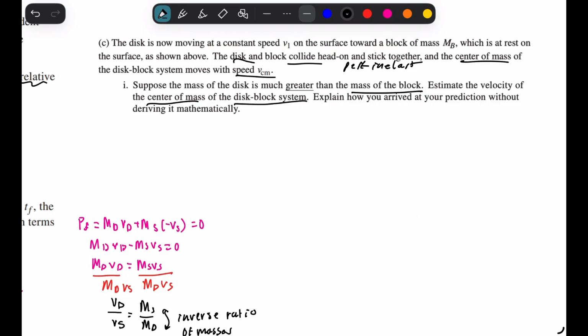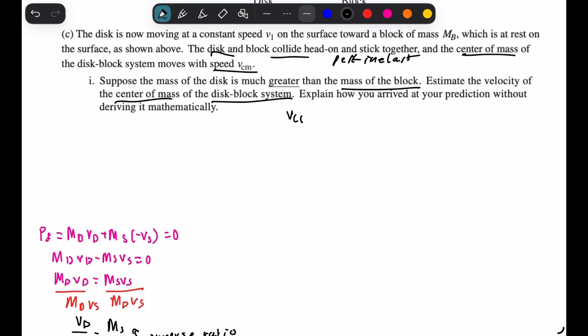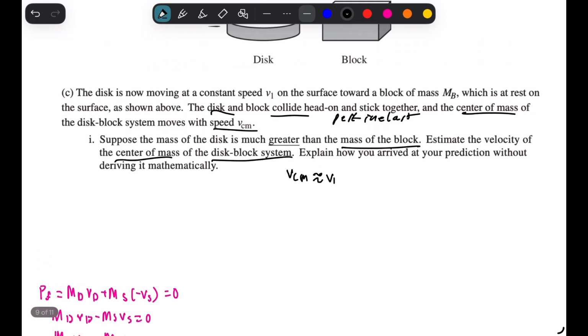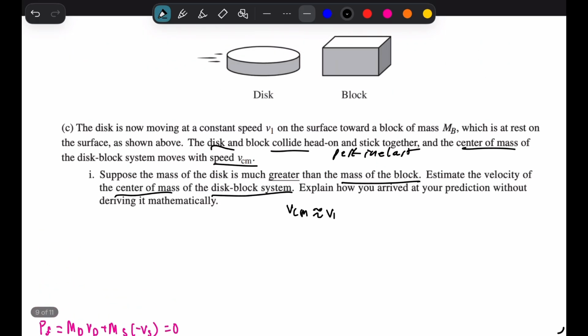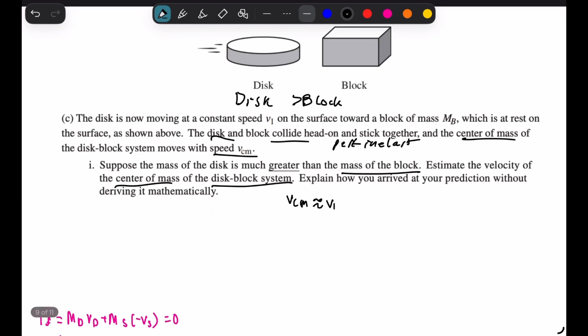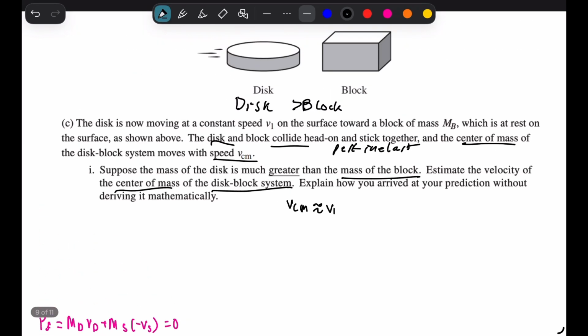Okay, so here v center of mass is approximately going to be v1. If we know that the disk is much more massive than the block, that means the block is going to have very little effective motion on the system. So the center of mass is going to be closer to the disk.